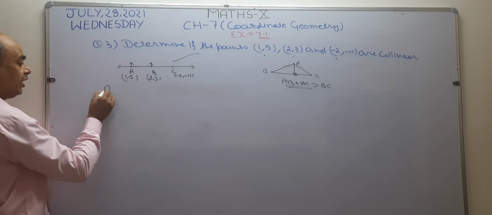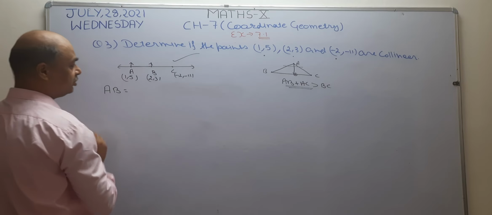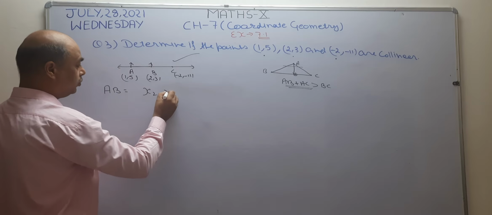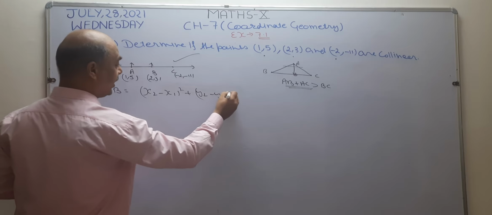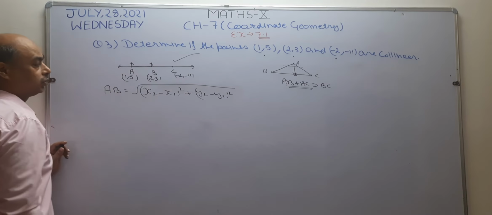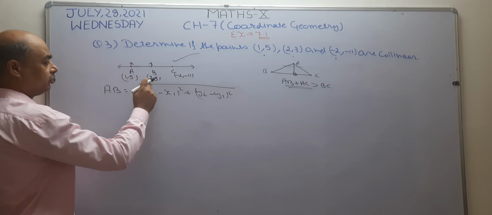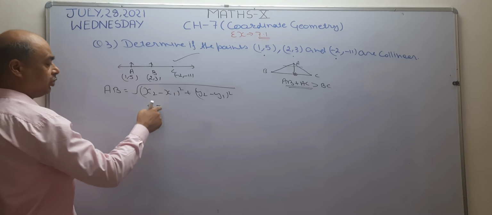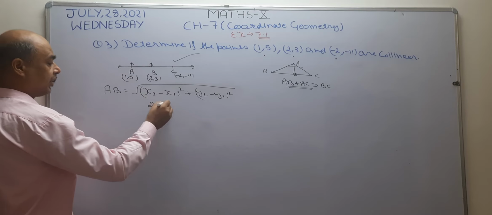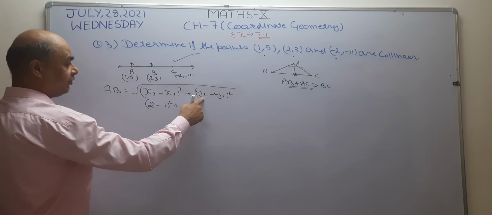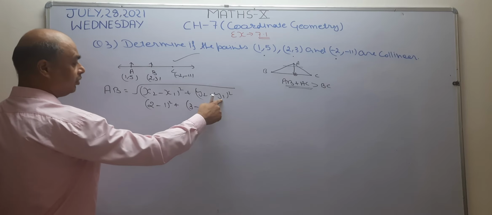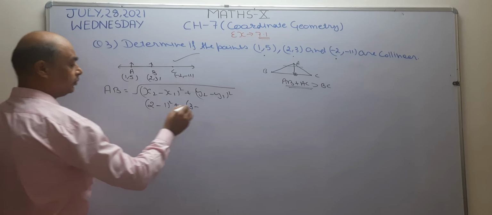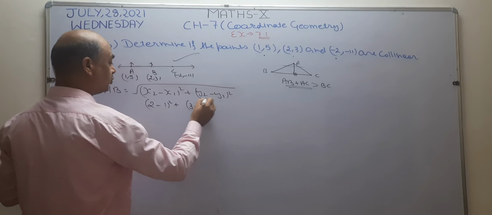I want to find the value of AB by using the distance formula, which is the square root of (x2 minus x1) squared plus (y2 minus y1) squared. Now the value of x2 is 2, minus sign according to the formula, the value of x1 is 1. After that the value of y2 is 3, minus y1, which is 5, and its square.